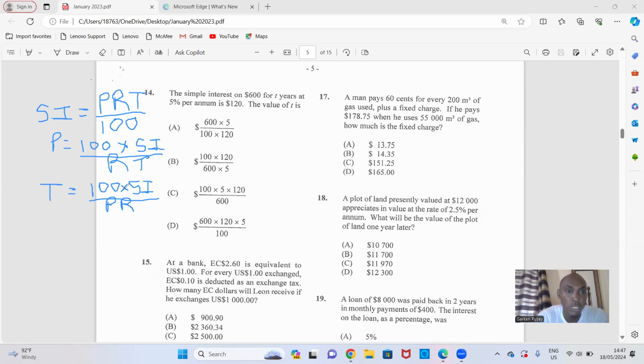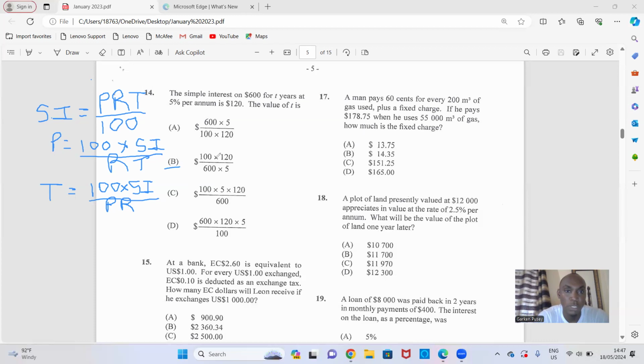So let's look at it. It says 100 times the simple interest. What's the simple interest? It says the simple interest on $600 for T years at 5% per annum is 120. So I'm going to replace the simple interest with 120, over the principal amount 600 and the rate 5. I'm looking at B as my answer.